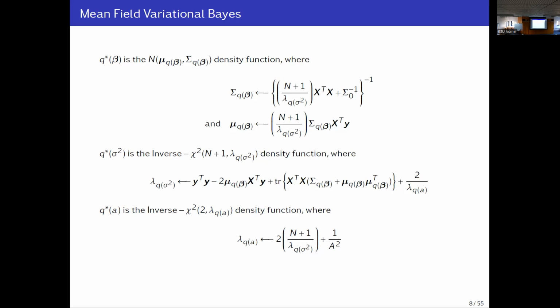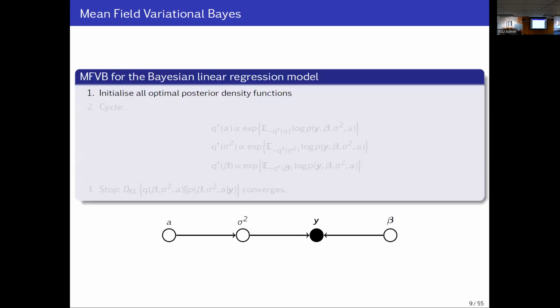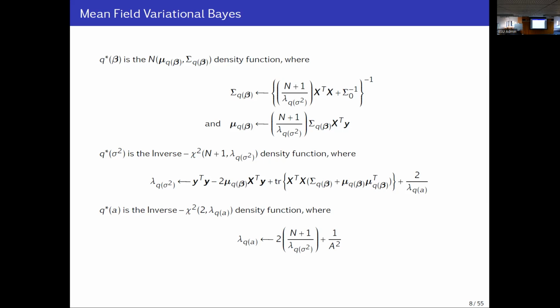I missed what was lambda. Sorry. Lambda q sigma squared is, I think, the shape parameter, the second parameter. Oh, yeah. Okay. The shape parameter of the inverse chi squared for q sigma squared.